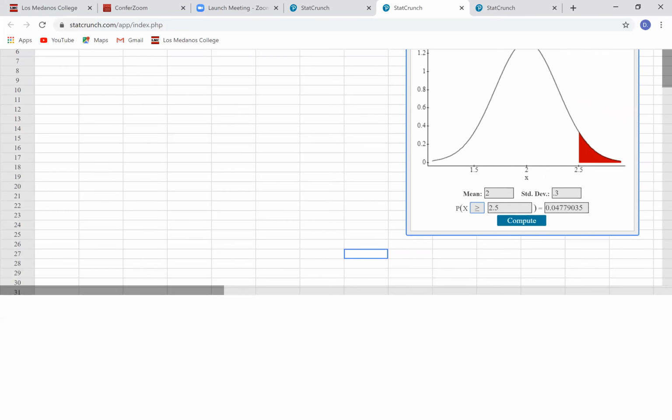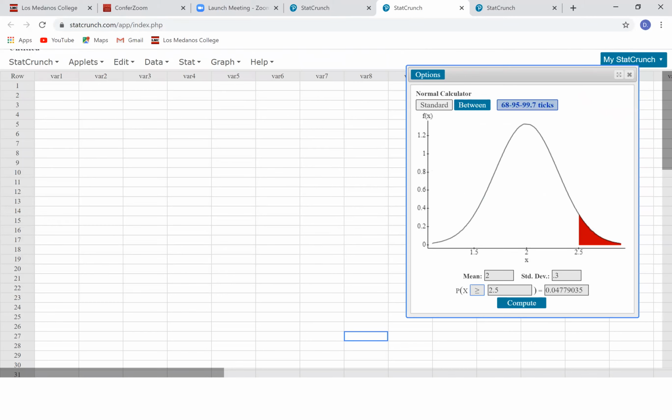There you go, I duplicated the picture that was shown to us. On top of it there's standard, there's between, and there's 68, 95, 99.7. That's the empirical rule. If you click the empirical rule, it will automatically convert it, and it spreads out by 2.3 standard deviations.